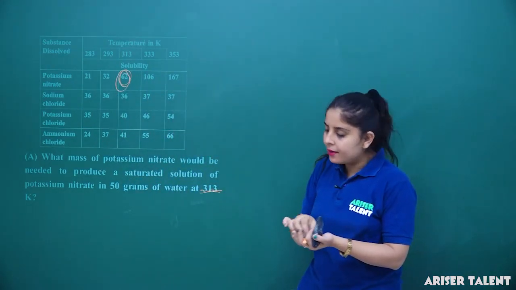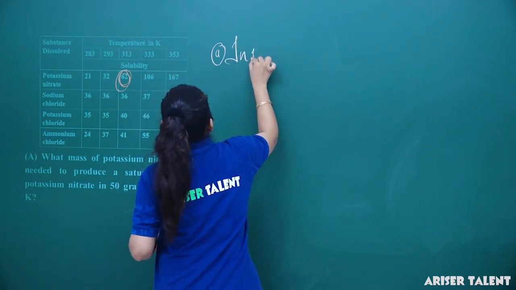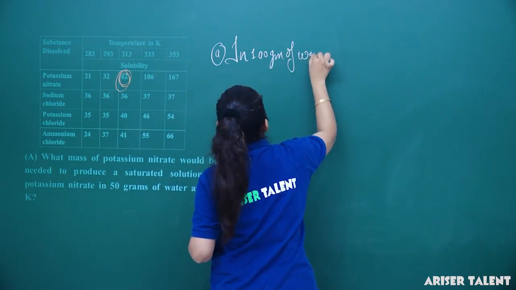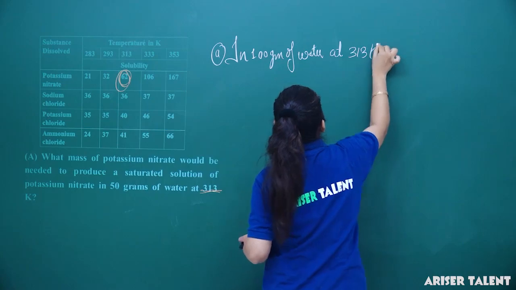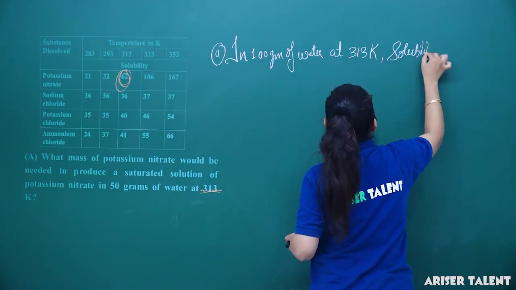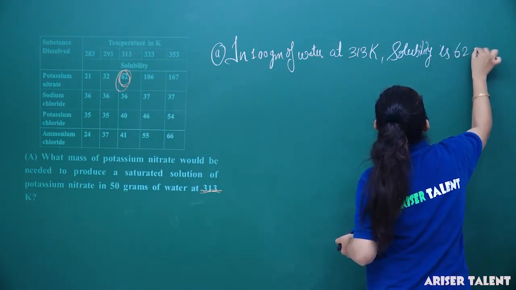So I can write here for the first part, in 100 gram of water at 313 Kelvin, solubility is 62 gram.